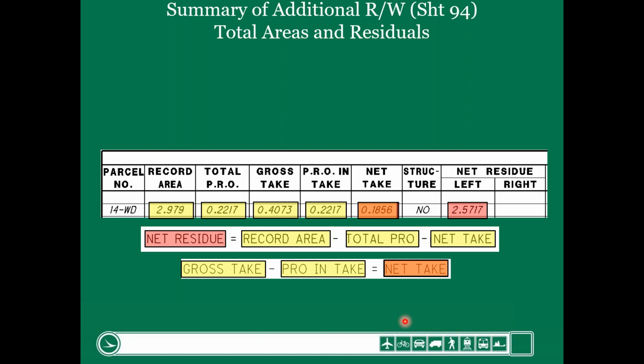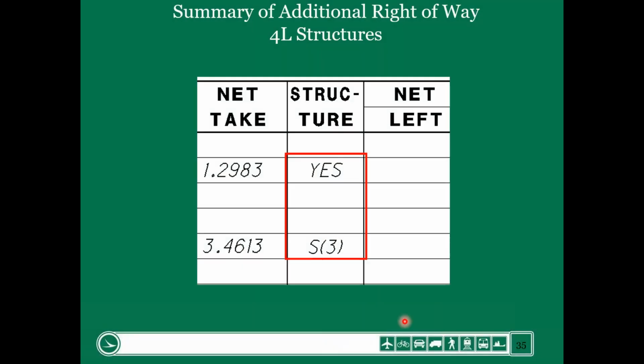And if you understand the slides I went over before, and that's why I showed the graphics, when you understand how to interpret all of these different columns and the types of takes they're requiring, the formulas get pretty easy. So if you're struggling with looking at the formulas, go back and make sure you understand how PRO and PRO intake work.